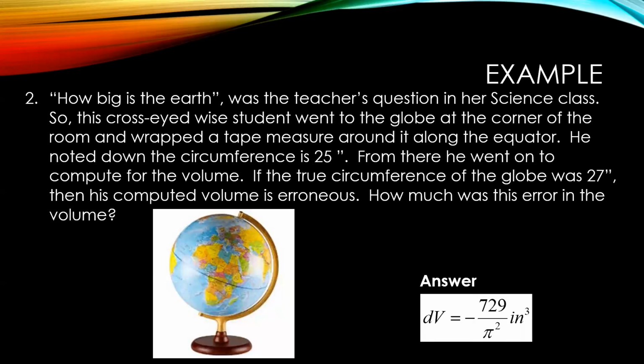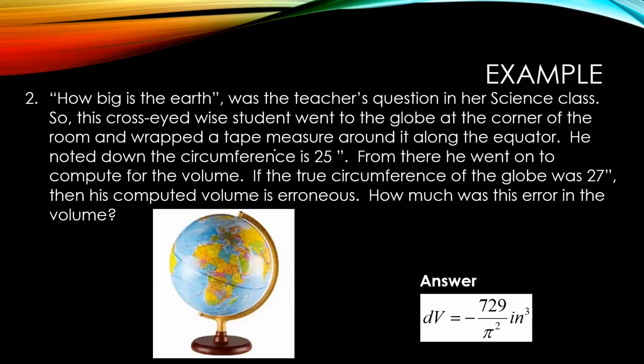Okay, so it's this one. The circumference that he measured, C2, is 25 inches. The actual circumference, C1, is 27 inches, right?